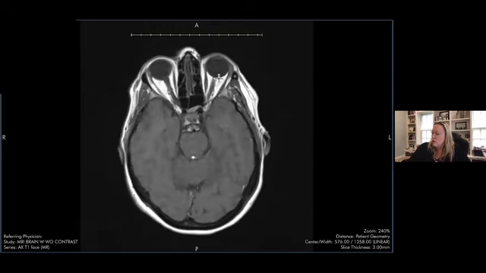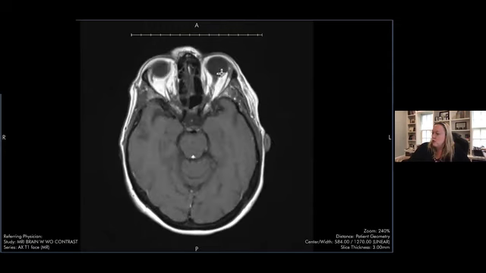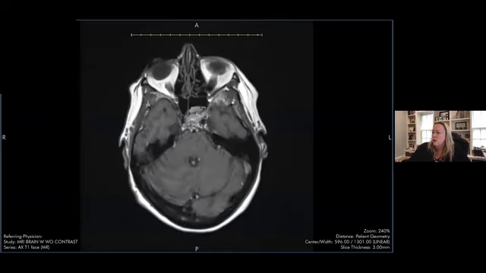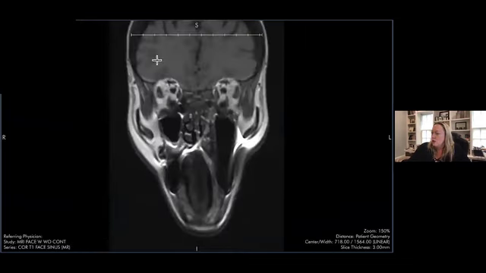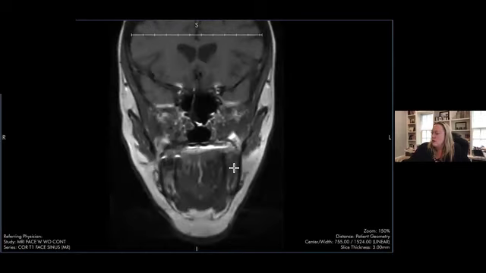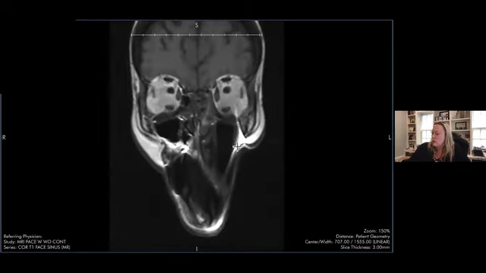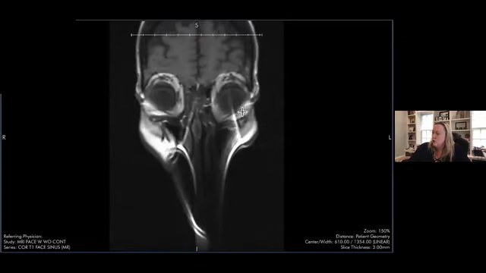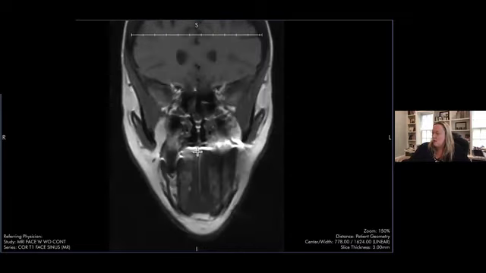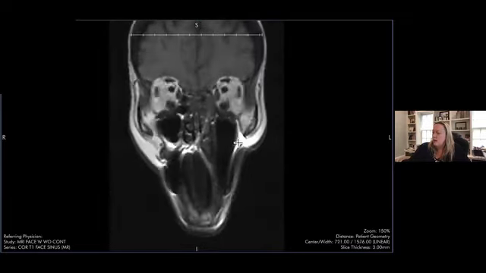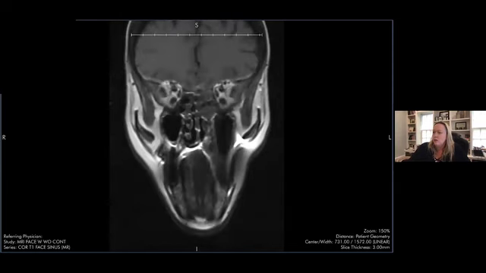The fat, extraocular muscles, optic nerve, and globe all look pretty normal in appearance. Then on the coronal images, you can see alternating bands of high signal and low signal and distortion of the soft tissues on these T1 weighted images. That is compatible with something metallic, a susceptibility artifact.